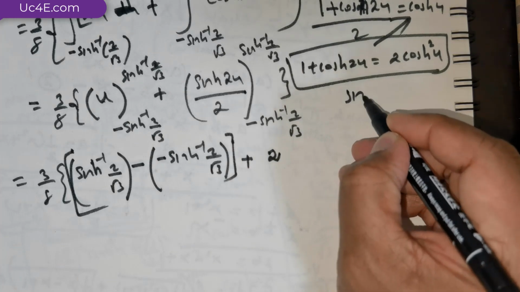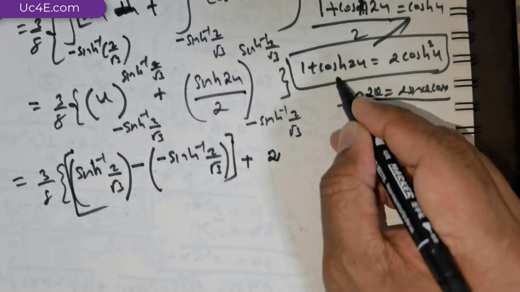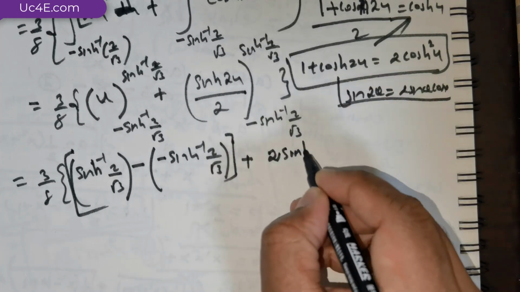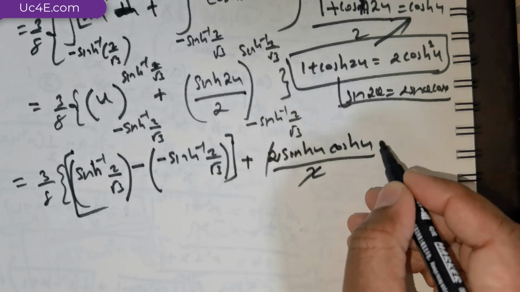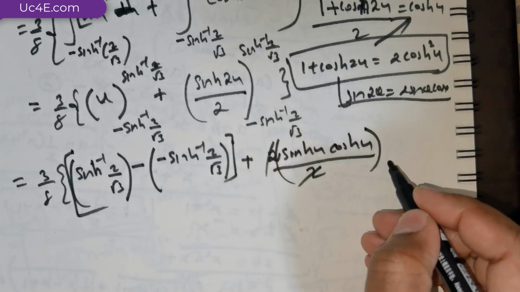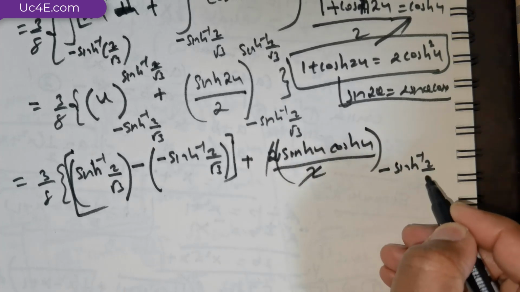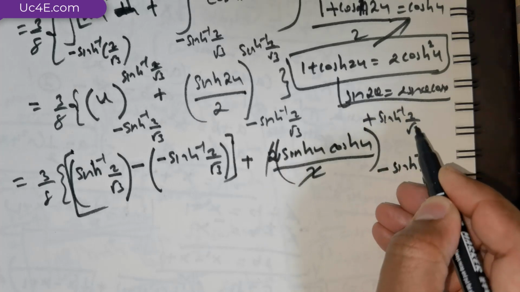It's similar to sin 2 theta. Sin 2 theta is nothing but 2 sin theta cos theta, right? So we can use the formula. This is 2 times sin u times cos u divided by 2. The 2 gets cancelled. Now we can place the limits. The limits are negative sin inverse of 2 over root 3 to positive sin inverse of 2 over root 3.